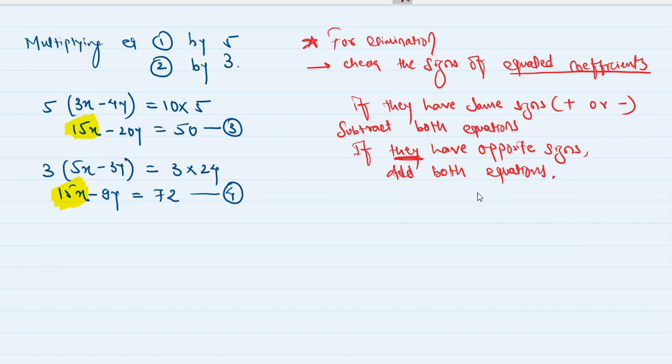So you understand? For elimination, we have to check the signs of equated coefficients. If they have same signs, you have to subtract both the equations. If they have opposite signs, you have to add both the equations.